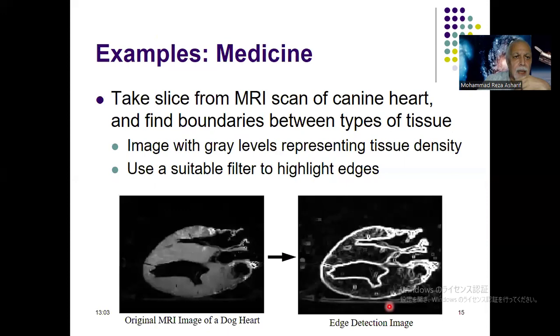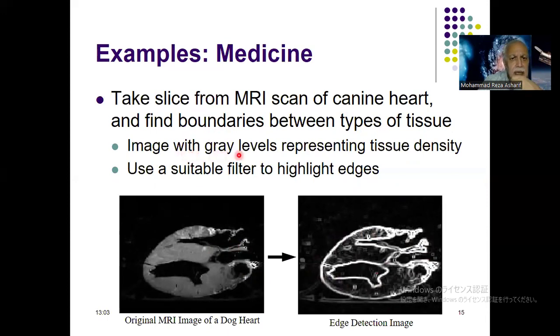Next, medical applications. Take a slice from an MRI picture, I mean a scan of a canine heart. Canine means dog heart. We find the boundaries between types of tissue, boundaries like this, which is edge detection.